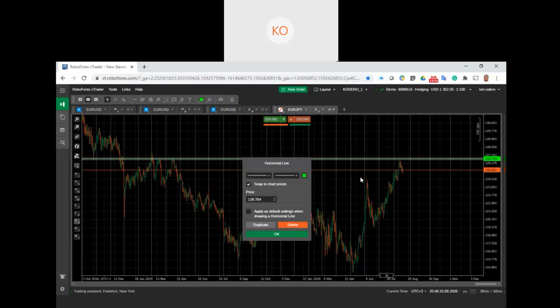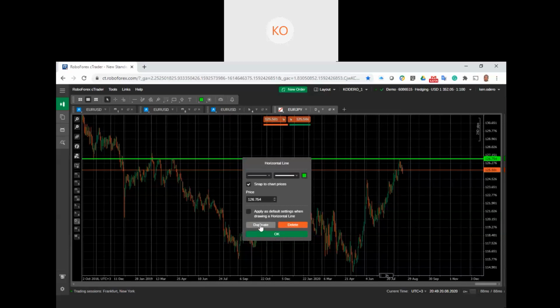In my case, I usually like colorful lines. So let's use green, and then you can even increase the thickness of the line. The good thing with this tool, so that you don't keep choosing the line and also choosing the depth, you can always duplicate the line that you have done.